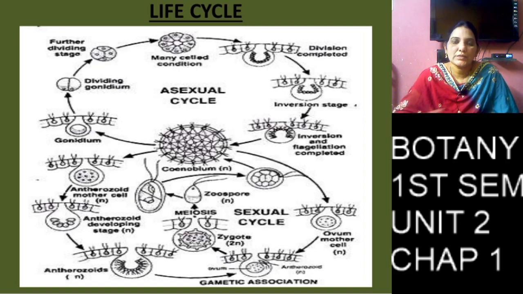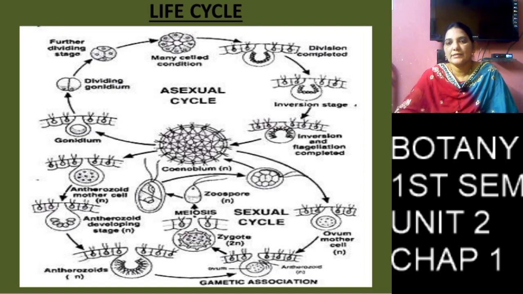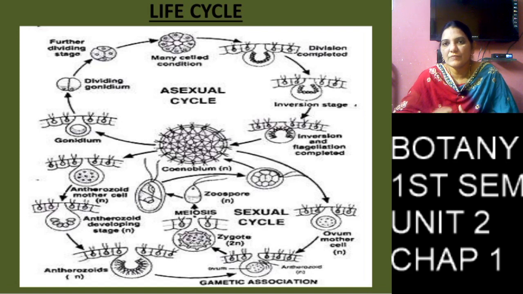The zygote is in diploid stage, so it undergoes meiosis division, three cells disappear, and only one cell grows as a zoospore. The zoospore swims for some time with the help of flagella, and when water is available, they form one new daughter Volvox coenobium.